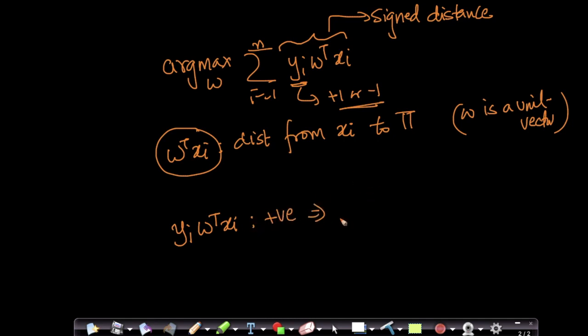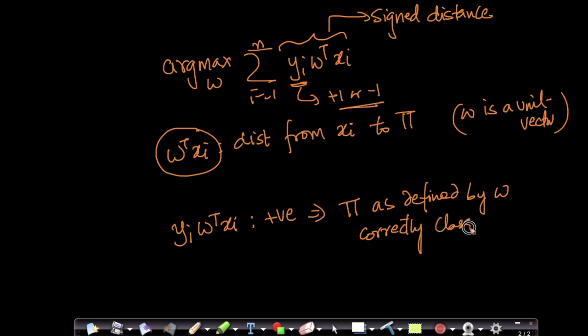This implies that the plane pi defined by W correctly classifies my Xi. That's what it means.